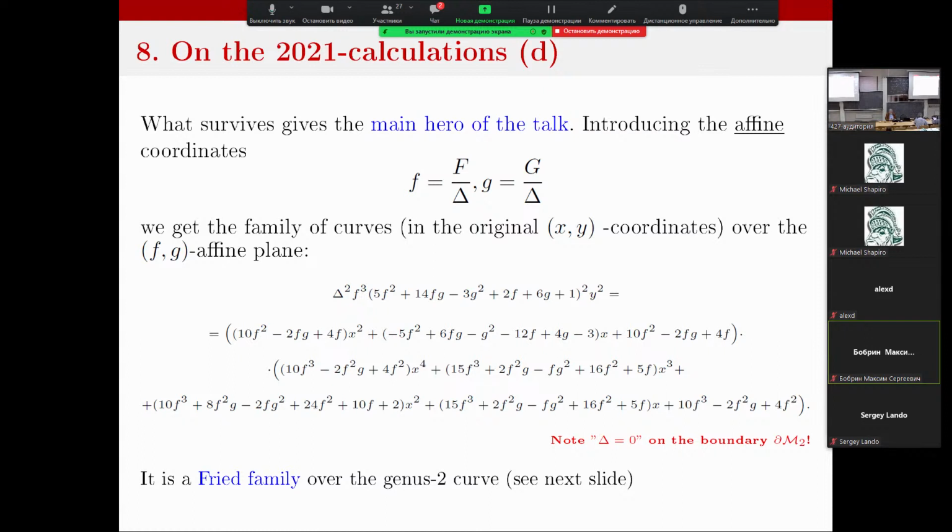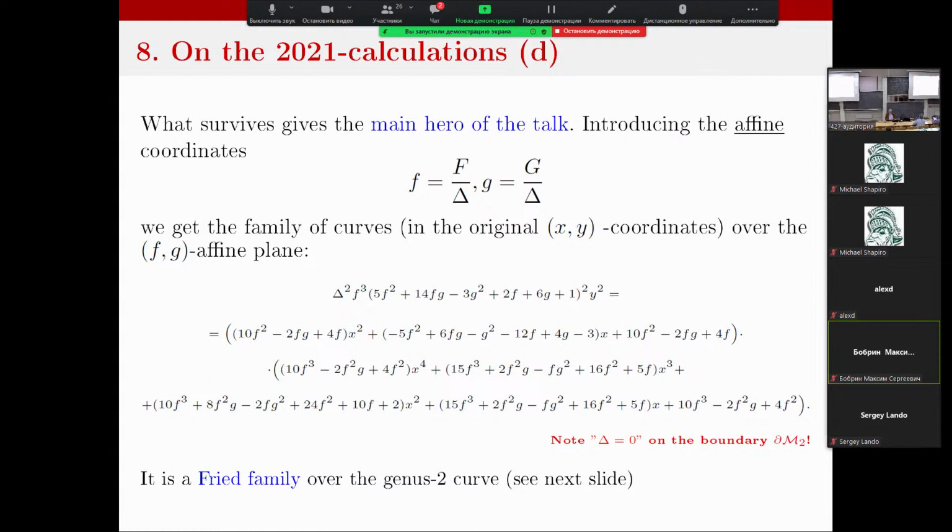The zeros of delta, all the zeros of delta are on the boundary. It is a curve. Delta equals 0 is a curve itself. It has codimension 1. Thank you for the question, I didn't think about it. Possibly, it seems to me that yes, but I have to check it.